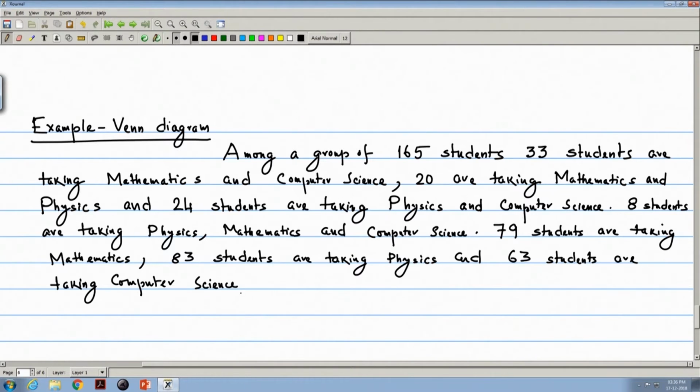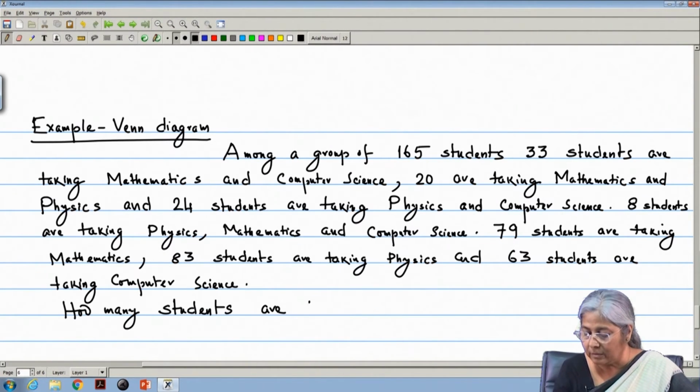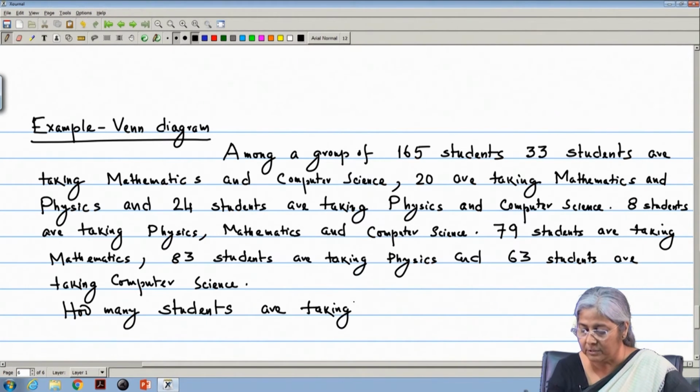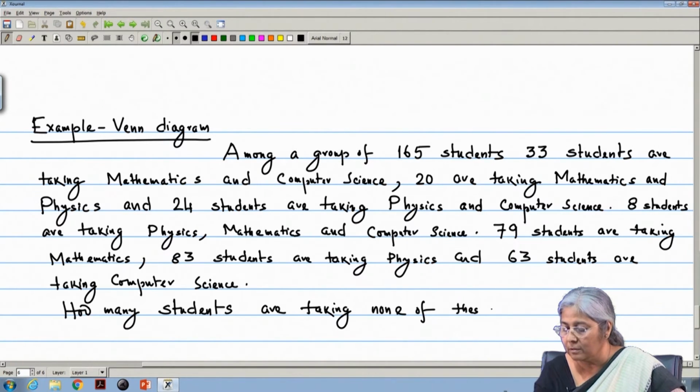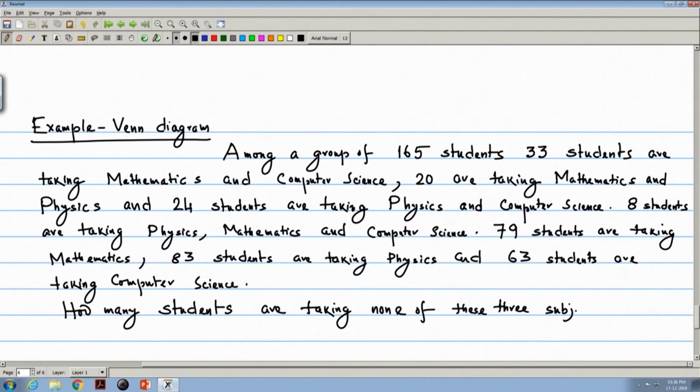The question is how many students are taking none of these 3 subjects among these 165 students.